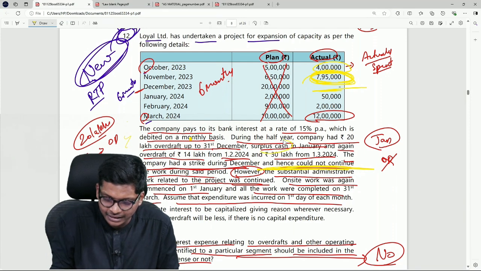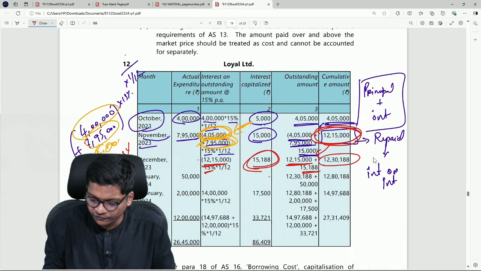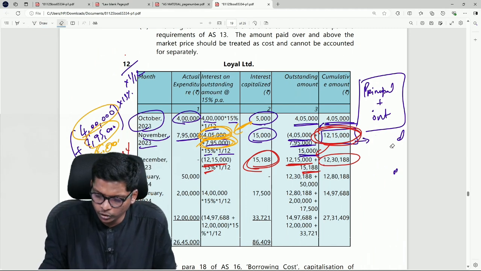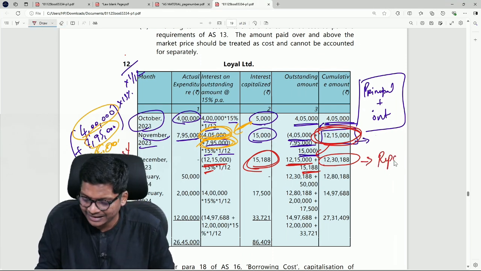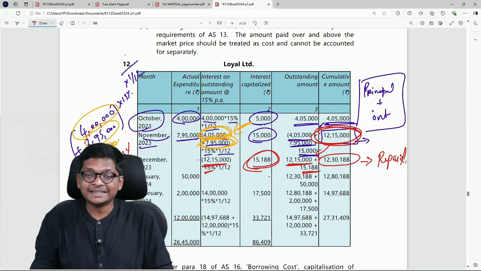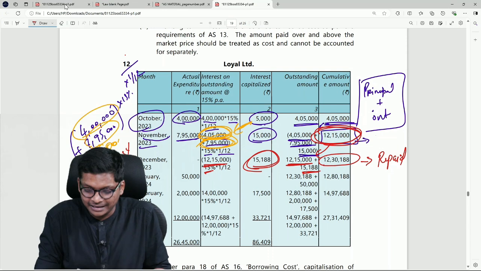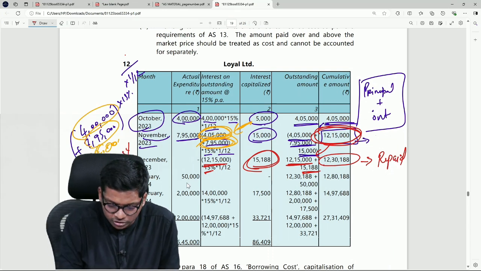Now, the question says, in January, company had surplus cash. That means this full 12,30,000 in January is repaid. It is repaid freshly. We have surplus they have taken. So not repaid exactly. OD is not used that time.